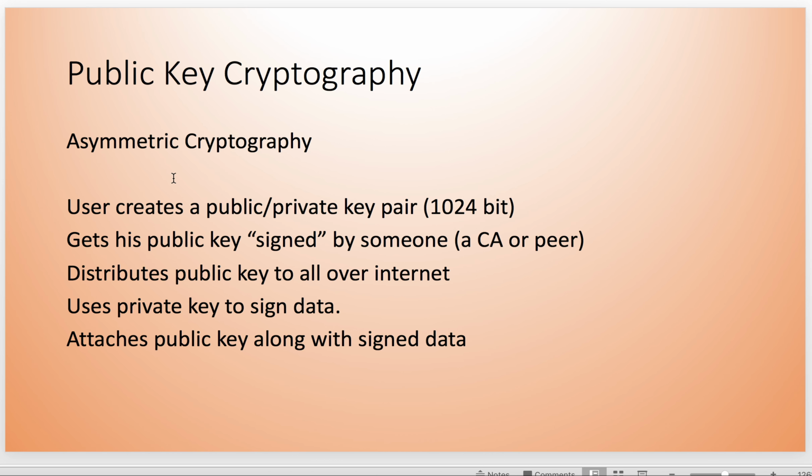So what the CA does is, when I create my public private key pair, I give my public key to a certificate authority, say for example VeriSign or GoDaddy. Now the certificate authority looks at my name, my details, and validates everything, and once it's assured that I am the same person who I claim to be, the CA signs my public key.